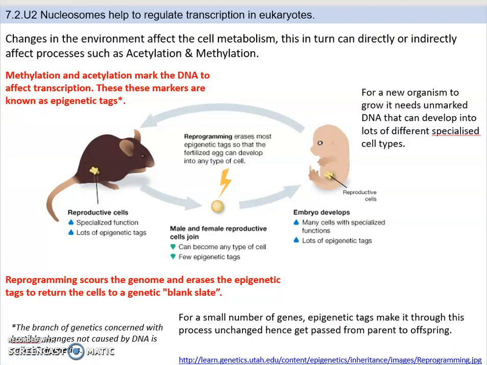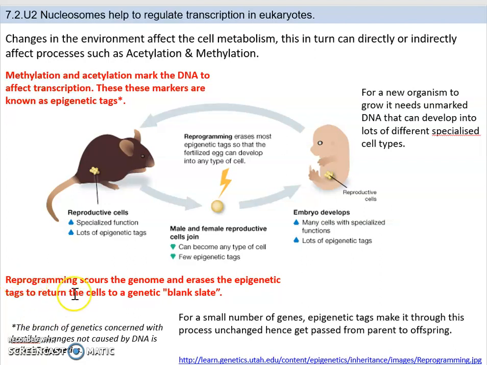Interesting is that, as I've already said, the methylation patterns within the same individual change between different types of tissue. But it used to be thought that when you produced eggs and sperm, you wiped off those epigenetic markers. So you basically reprogrammed the DNA so that it was a blank canvas. What's now known is that most of these tags are erased.